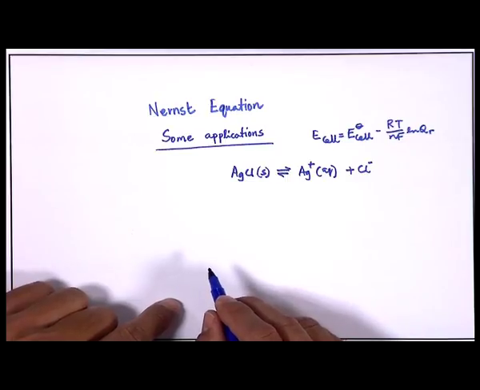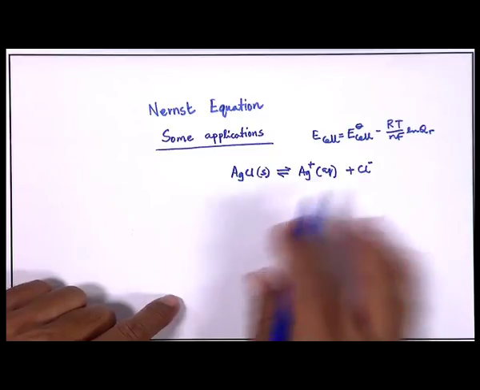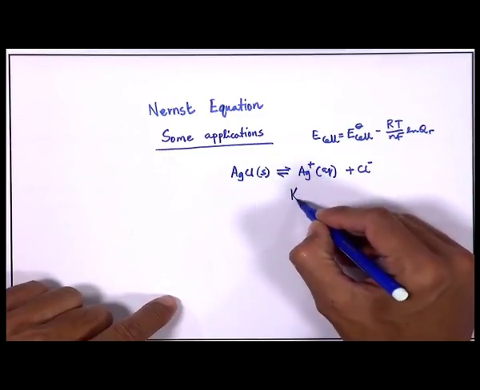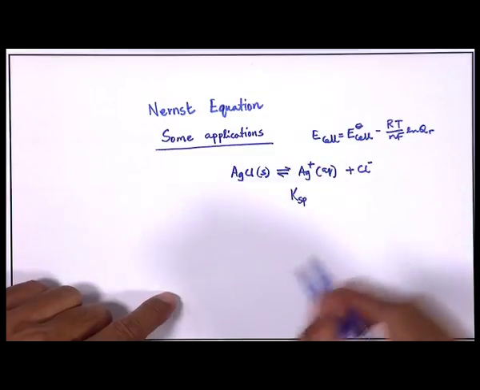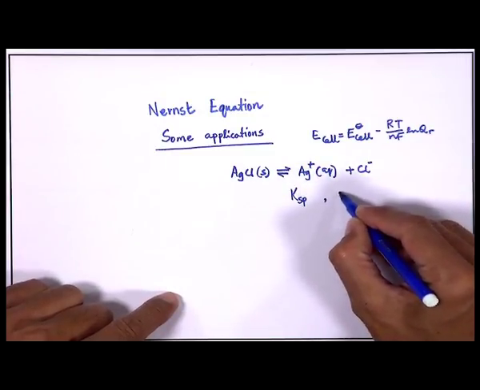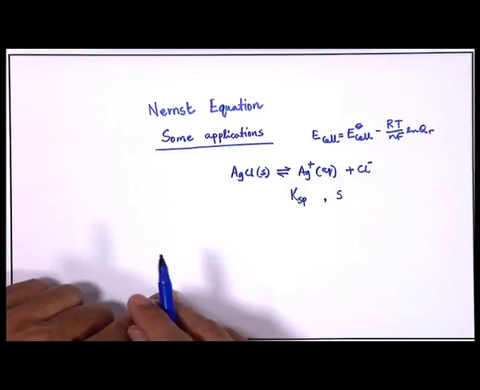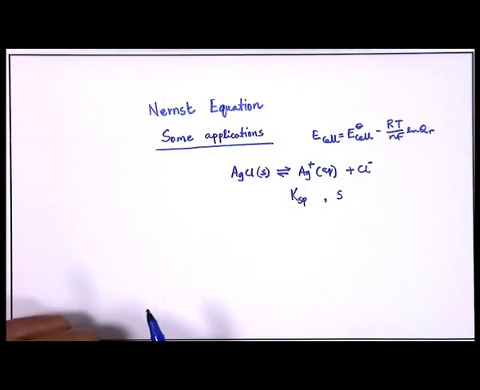Is it possible to find out information about this solubility equilibrium, that is, the equilibrium constant of this process, or Ksp, the solubility product, or in turn the solubility S of this sparingly soluble salt? The answer is yes, it is possible to find out the solubility product of this sparingly soluble salt in water by the application of the Nernst equation.